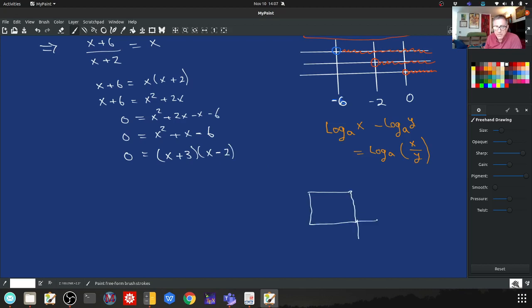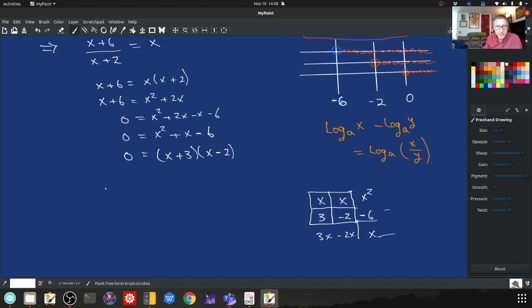I know some of you can do this in your head because you've gotten really good. So this is going to be x squared. This is going to be minus 6 and x. I have no choice but to put x there and x there. So I'm going to say 3 and minus 2. This gives me 3x minus 2x. 3x minus 2x is x.